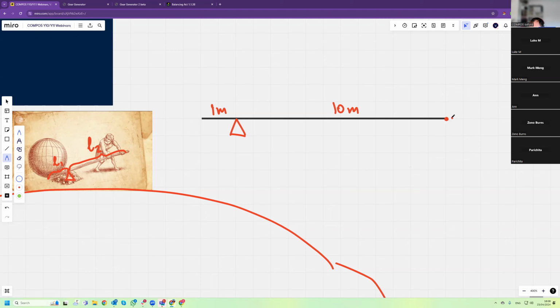If this end moves by 20 centimeters, for example, this end would only move by about 2 centimeters. Not exactly 2, but roughly 2. Actually, no, exactly 2 centimeters. Sorry, I'm saying weird things. No, it's exactly 2. Okay. And this is an intuitive understanding. You can prove it if you wish.